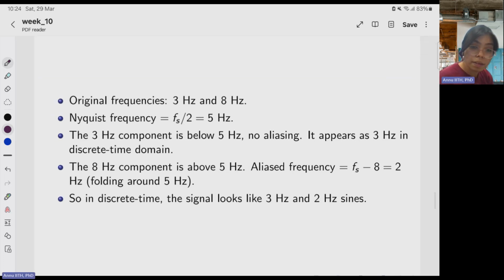The Nyquist frequency is fs by 2, that is, with 10 it's 5. Any signal below 5 hertz will have no alias, so 3 hertz will have no alias and appears as 3 hertz in the discrete-time domain. But if it is greater than fs by 2, the alias frequency appears: fs minus 8, where fs is 10 and 8 is the frequency, so it folds around 5 hertz. In discrete time, the signal looks like 3 hertz and 2 hertz.